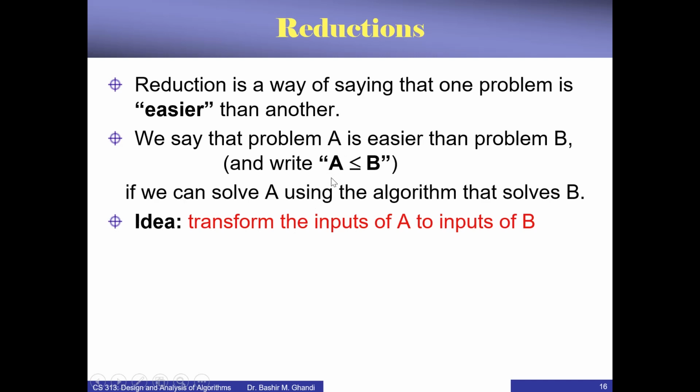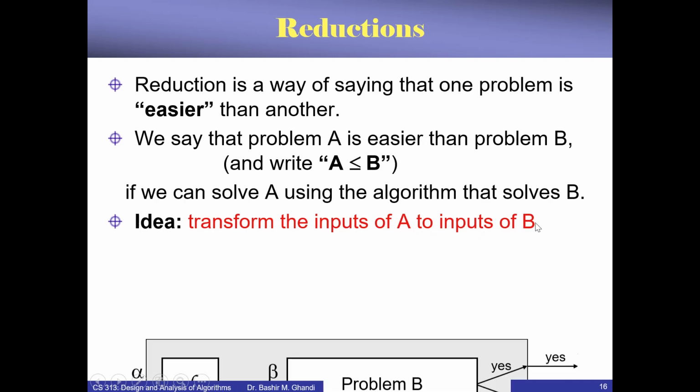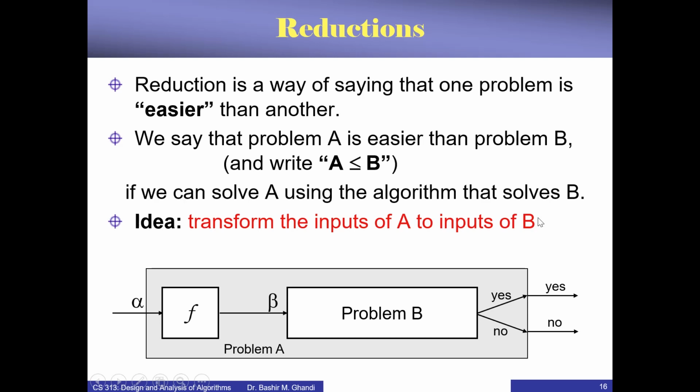We are trying to solve problem A, but we already have a solution for another problem B. So what we do is we transform the input of A to be in the form of input of B, and then try to apply the algorithm for solving B to solve our converted input.